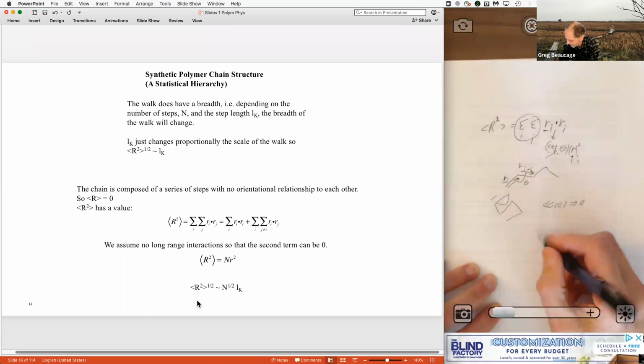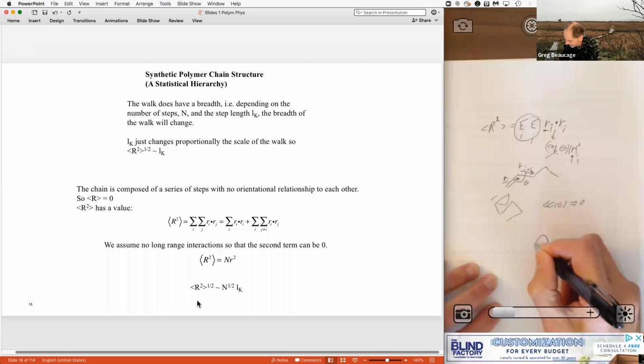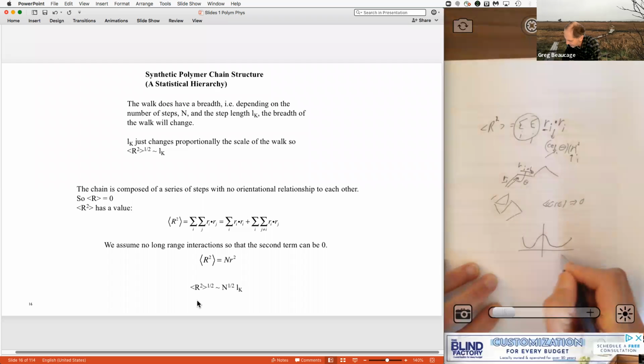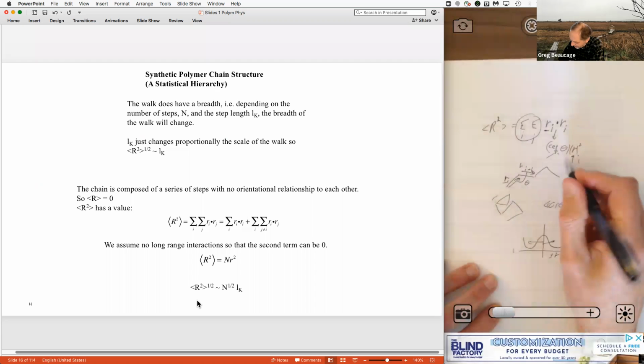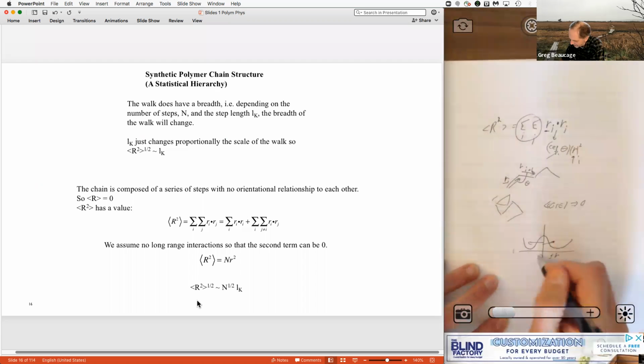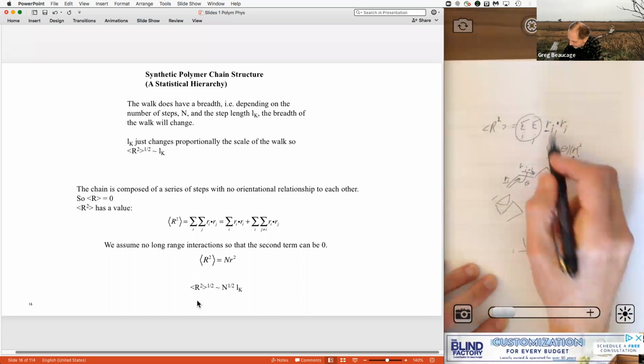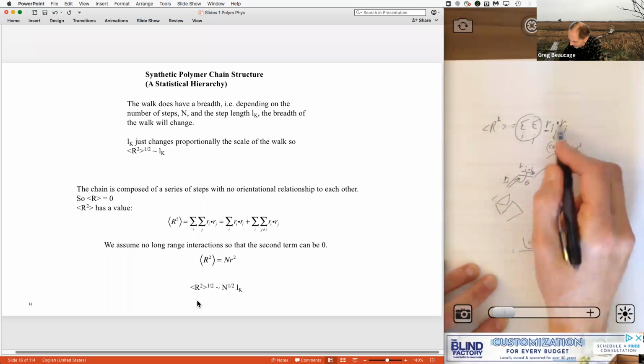The cosine function is symmetric about 0, so I'm going to have as many going plus R as minus R, and the cosine will average out to 0. Sine doesn't average to 0, but cosine does, because it's a symmetric function. So this dot product, if it's a random system, goes to 0.